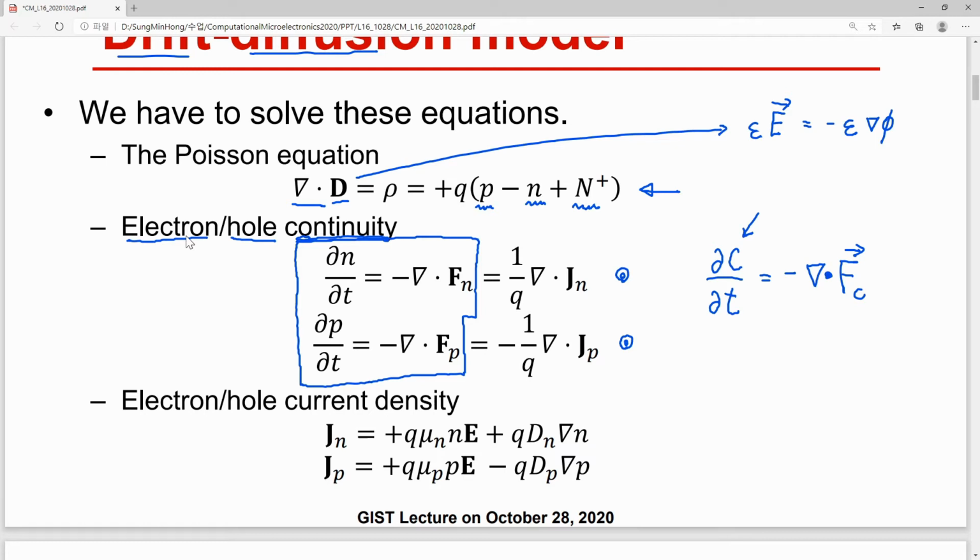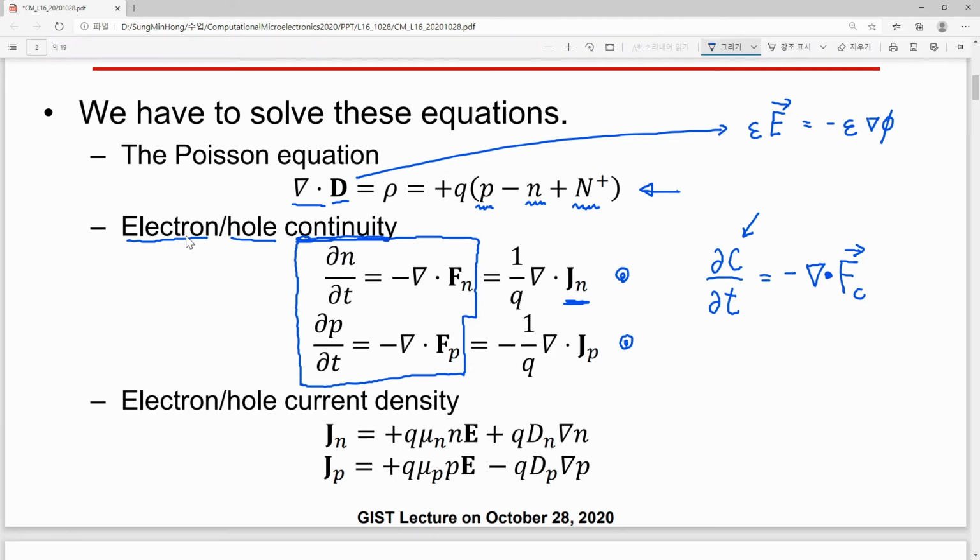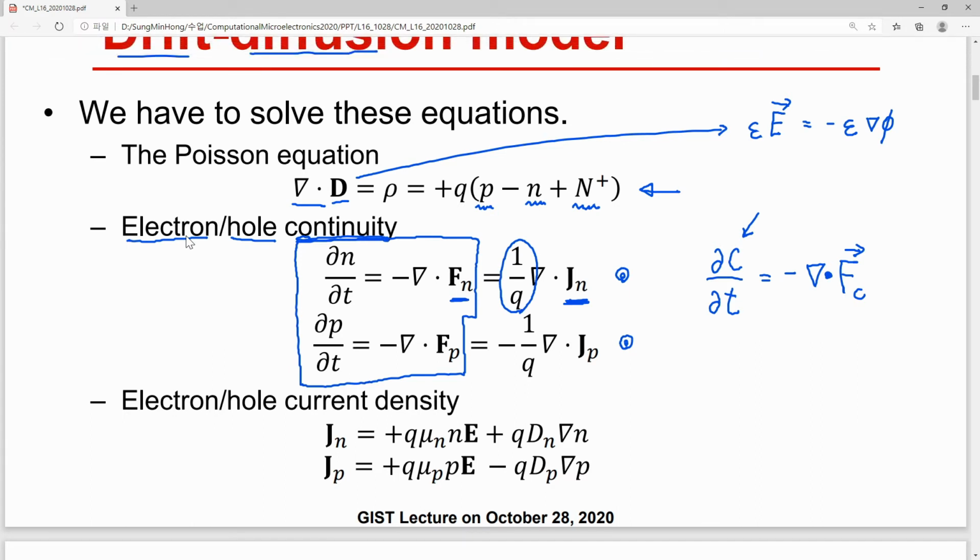For example, if we have electron current density, then we have to multiply minus q to the flux F sub n to have J sub n. Now we have a positive 1 over q in front of the right hand side.